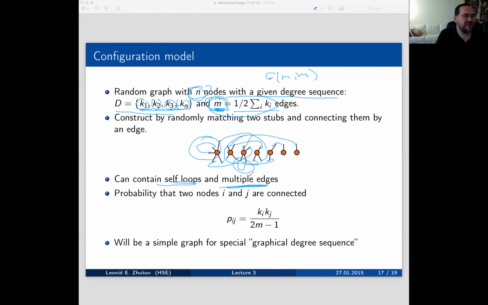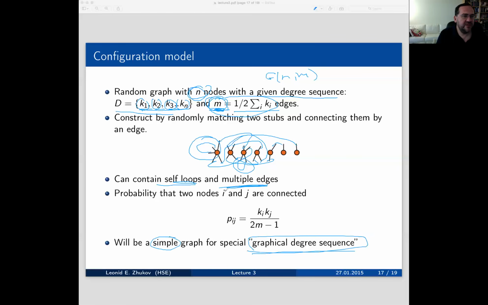In order for this graph to be simple, and simple means there are no self loops and multiple edges, we should have a very special graphical degree sequence. That cannot be just a random sequence. And there is a theorem on how to build those sequences if needed. We're not concerned too much about this for the following reasons.